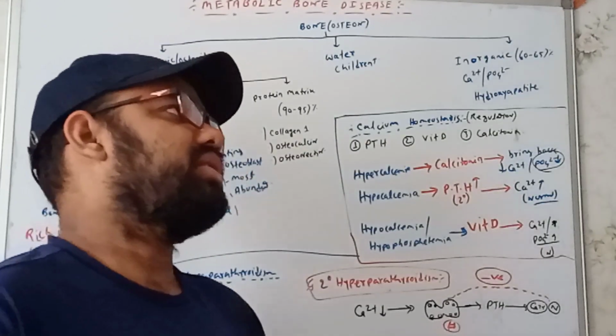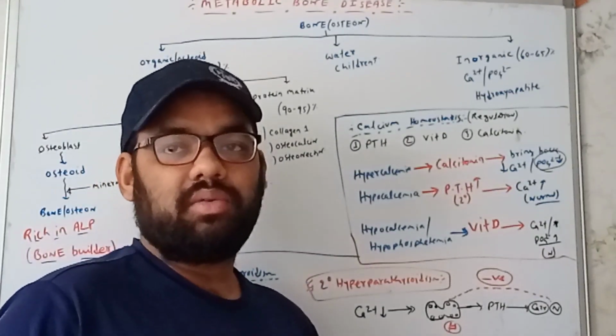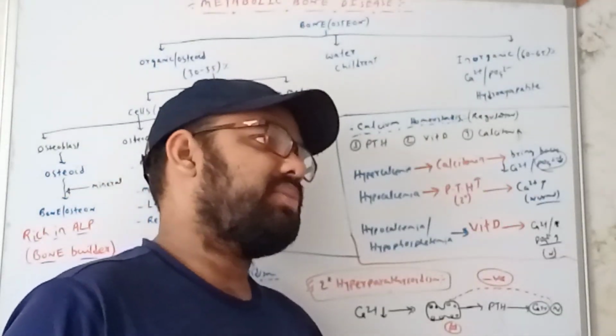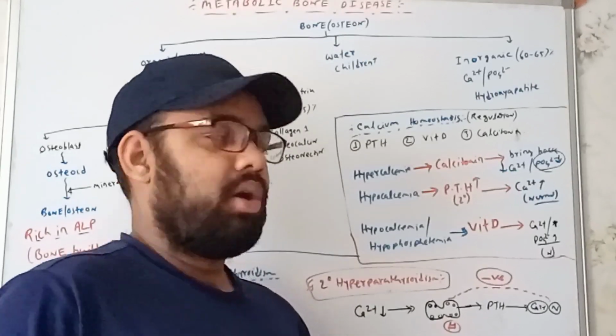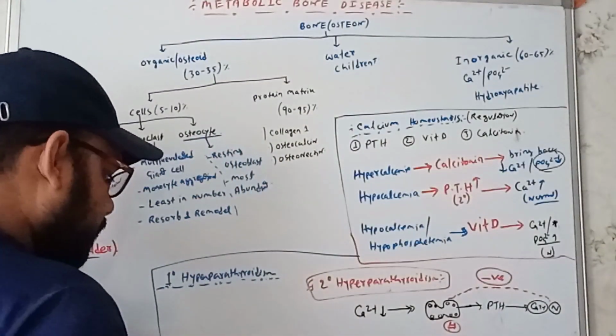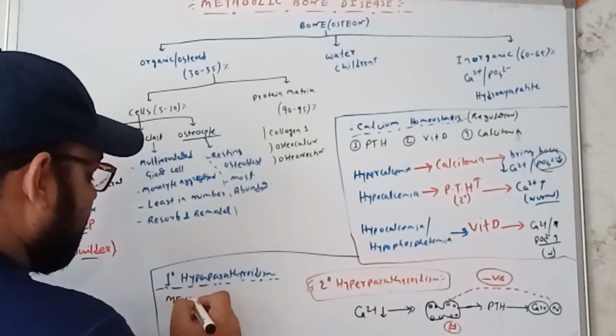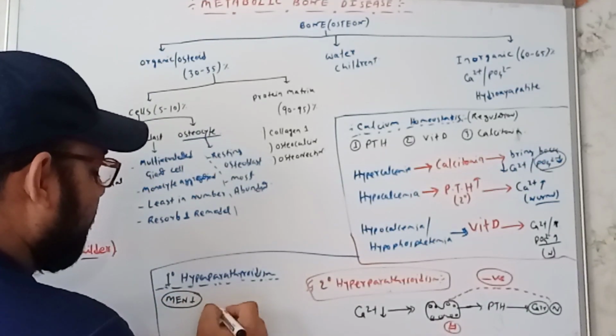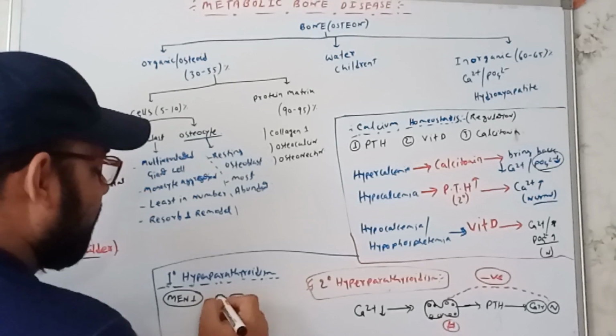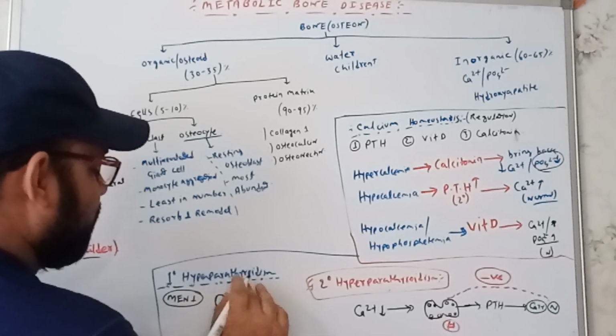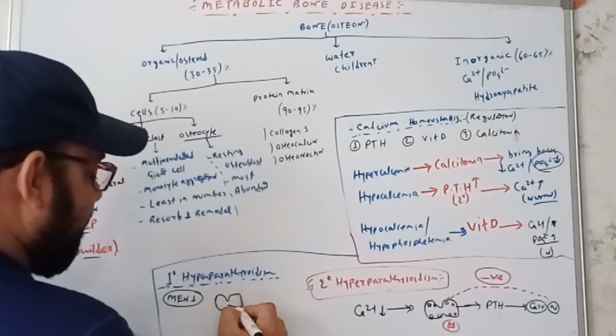For example, if we get to see a tumor within the parathyroid gland, okay. For example, multiple endocrine neoplasia, as we have read in the types of MEN. So here, for example, within the parathyroid gland, we are getting to see the development of the tumor. Sorry for the diagram.